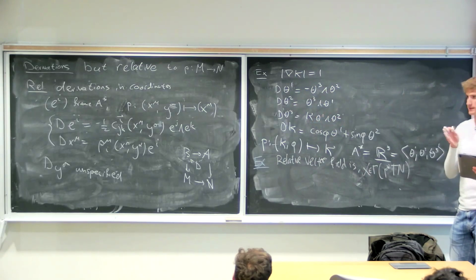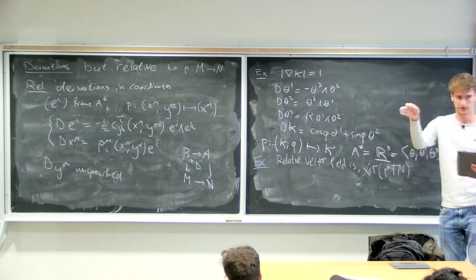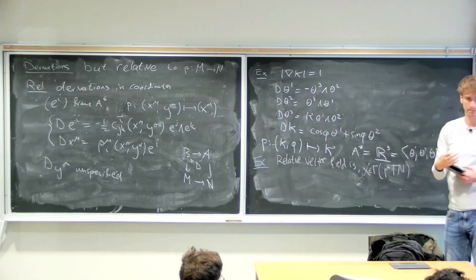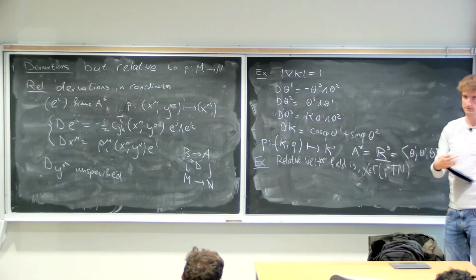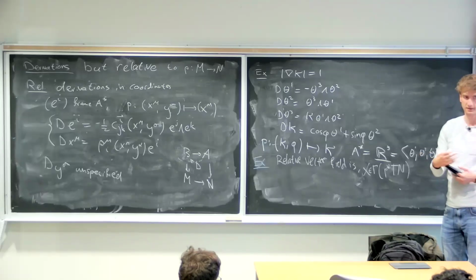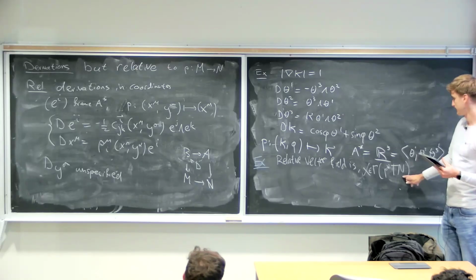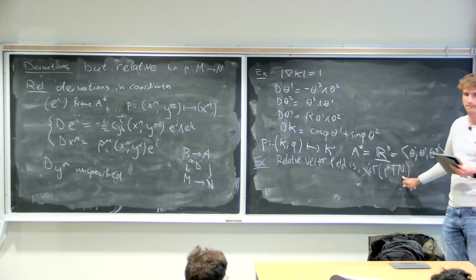So in a sense, we only know how to differentiate in the N directions, not in the direction of the total space. You can still make sense of integral curves for this vector field.